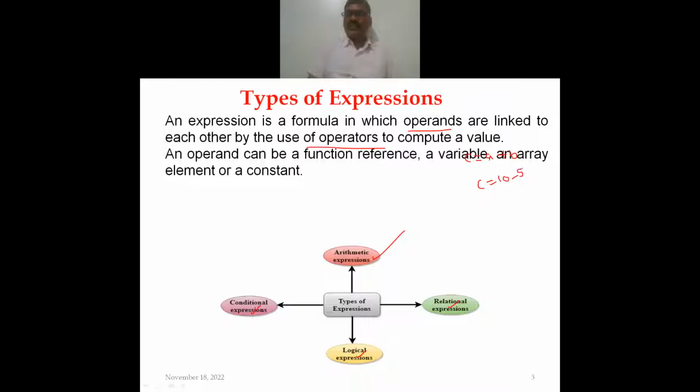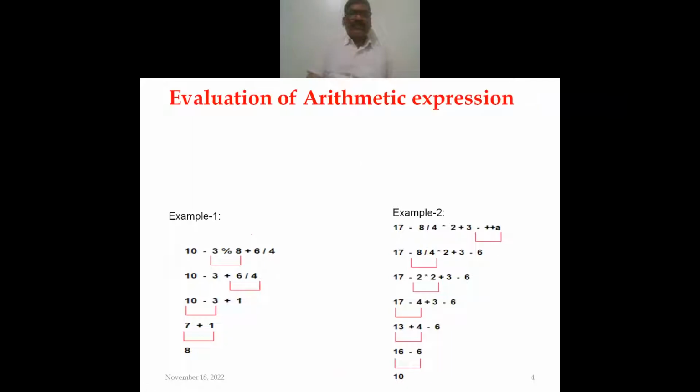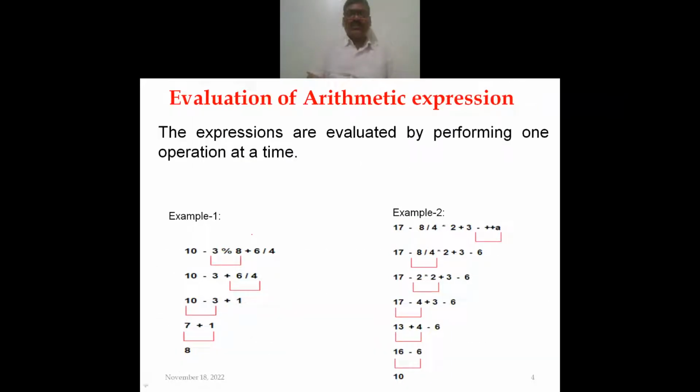So the operands may be variable names, constants, array elements or function calls. Consider this example of an arithmetic expression involving different types of operators. Now we will see how this arithmetic expression can be evaluated.